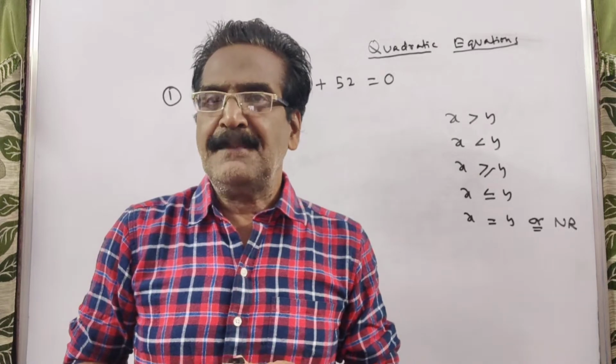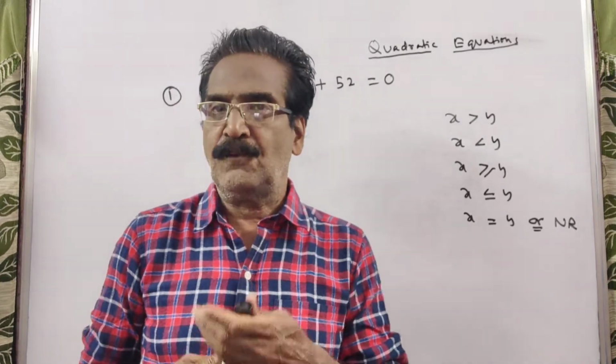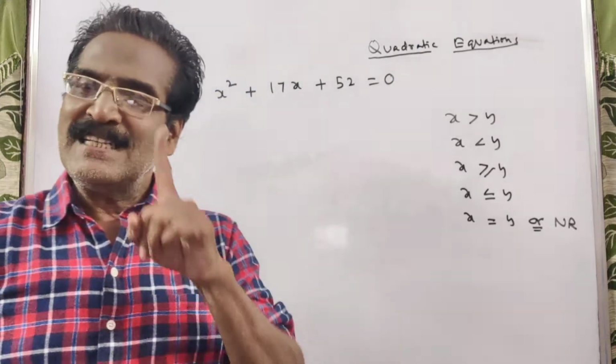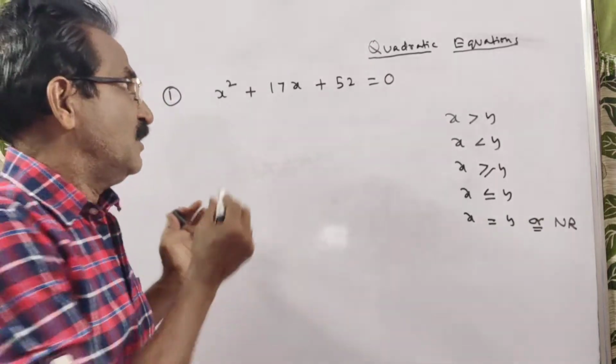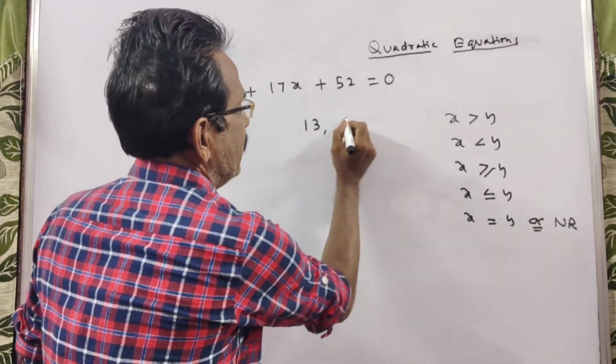Mostly in the 13th table. 13 fours are 52, so the product is 52. 13 plus 4 is 17. So the roots of this quadratic equation are 13, 4.